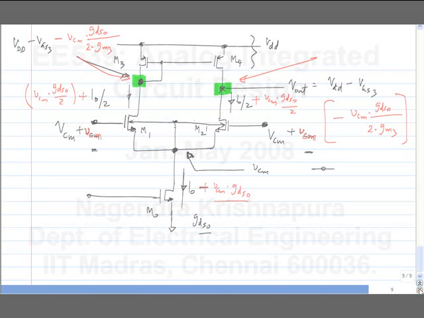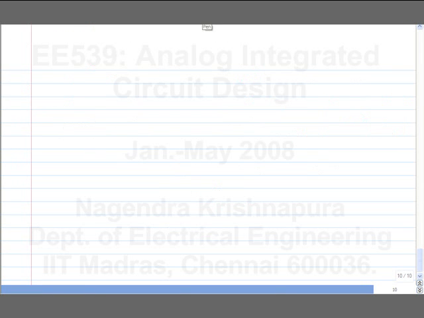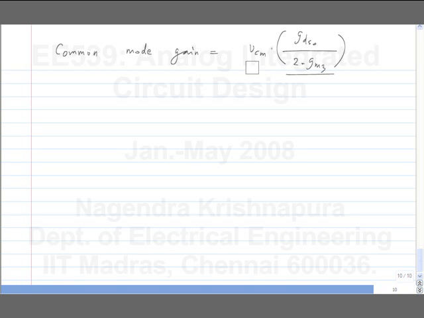So the common mode gain is GDS0 by 2 times GM3.